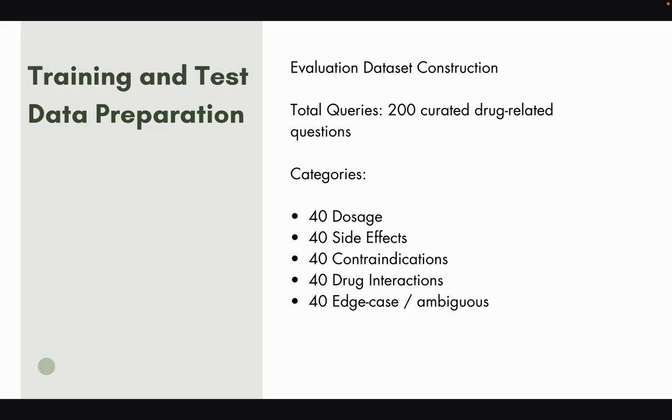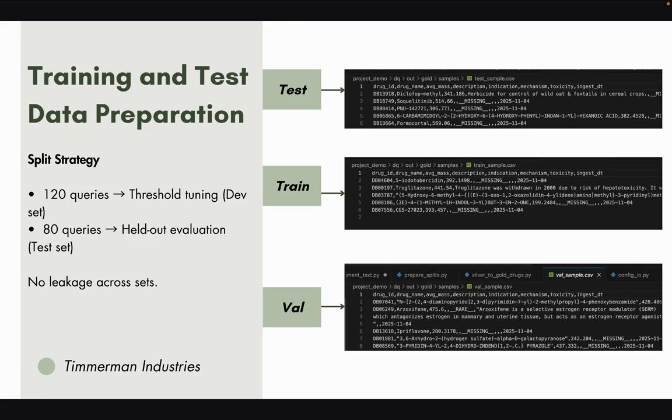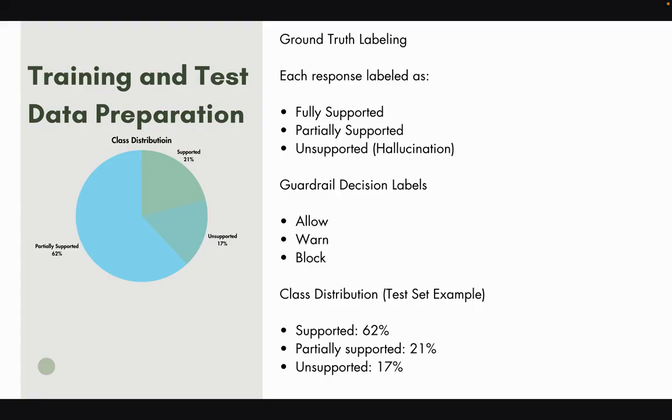So we split the dataset into 120 queries as development set for guardrail threshold tuning, and 80 queries held out for test set. Each response was manually labeled as fully supported, partially supported, or unsupported, which is hallucination. We also labeled guardrail decision as allow, warn, or block. So this ensures objective evaluation.